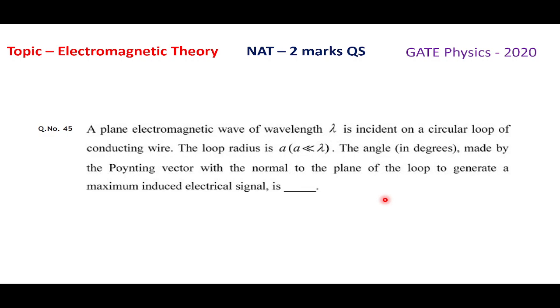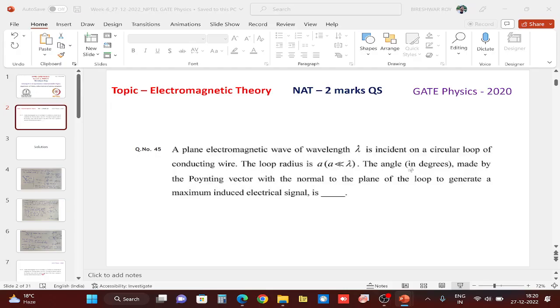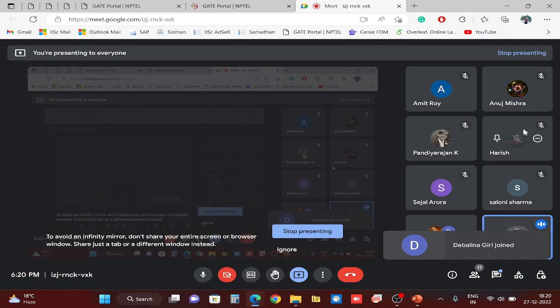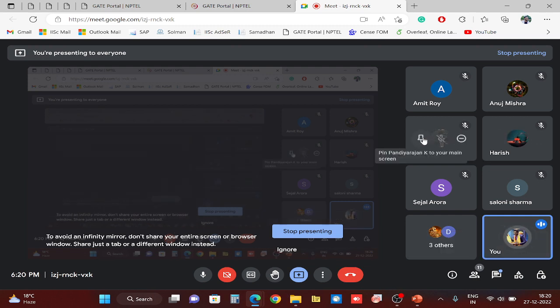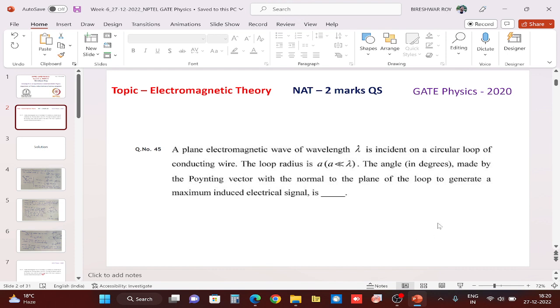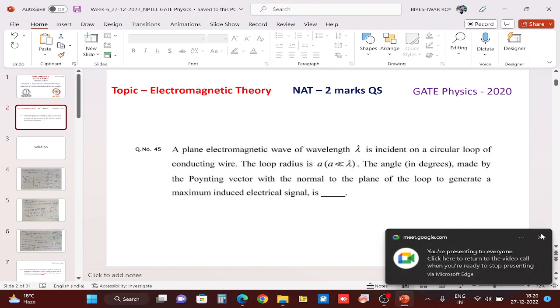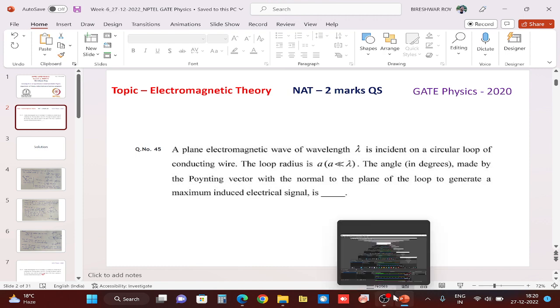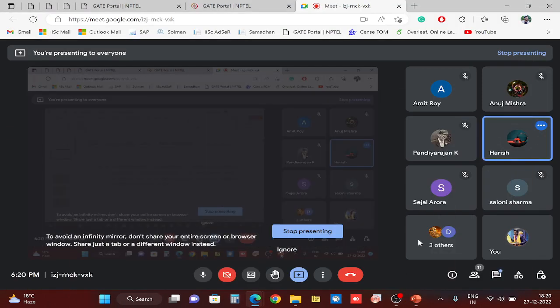Okay, let me ask people first. What's the difficulty here? First, I want to know what's the difficulty. So Harish, can you just tell me what's the problem here? I mean, could you not understand the problem, or what's the difficulty? Sorry, sir, today is a power cut, so I am not trying. Okay, no problem, no issues.